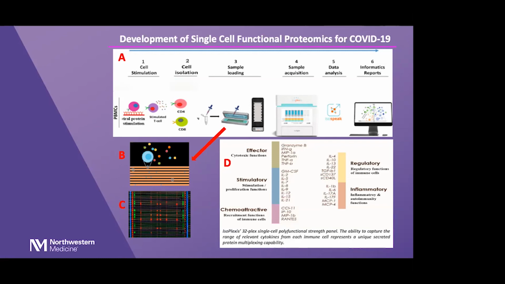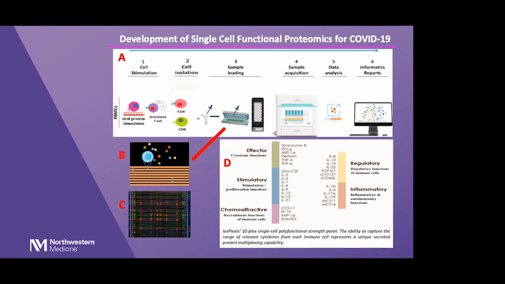We take the PBMC from the patients, or from right now normals, and then stimulate with the viral peptides, and after 36 hours, purify the CD4 and CD8 cells and load onto the chips which are produced by the company. Now, the beauty of the chip is that there are more than 3,000 channels, as shown in panel B, into which only one cell is injected. If there are more than one cell in any particular lane, that lane is not counted.